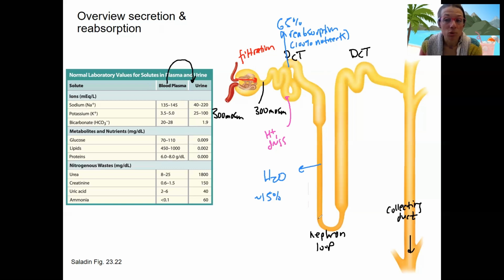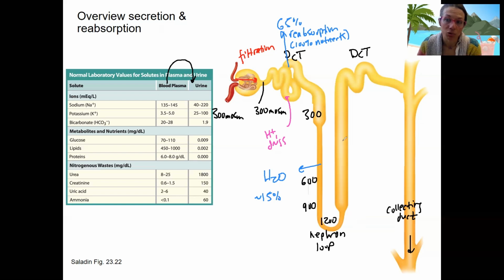When water is reabsorbed, what do you think is going to happen to the osmolarity of this filtrate? Water is leaving, right? So solutes are going to become more concentrated. So as we descend, we're going to go from the 300 milliosmoles to 600 to 900, ultimately to 1200 milliosmoles.